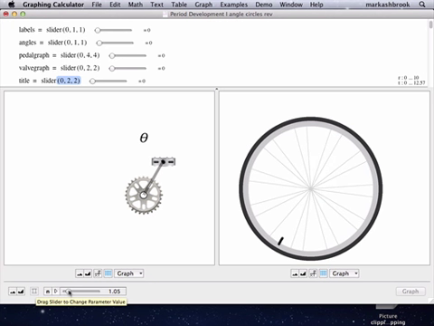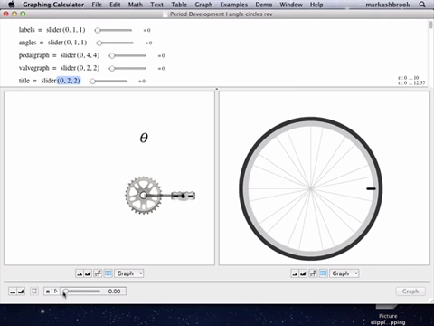So that's one radian for the pedal. Does that feel like 4 radians for the tire valve? And if that's the case, then what angle of the pedal will we need for the tire valve to make 1 full rotation? What angle of the pedal will result in the tire making 1 full rotation?